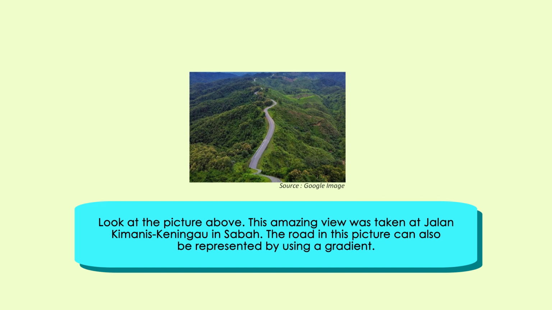Look at the picture above. This amazing view was taken at Jalan Kimanis Keningau in Sabah. The road in this picture also can be represented using gradient. So, if you really look around you, there are many situations where the knowledge of gradient can be implemented.